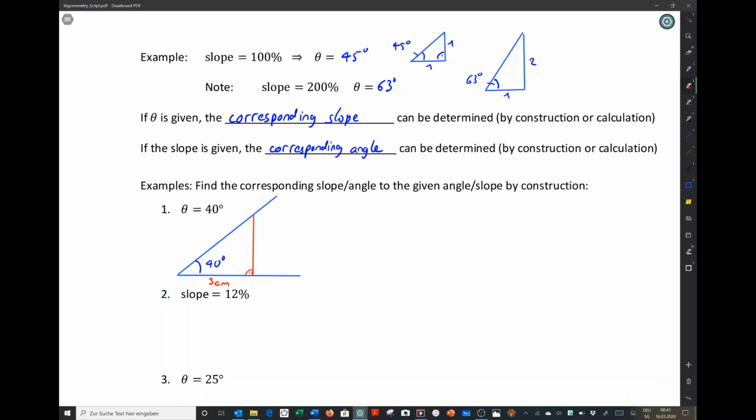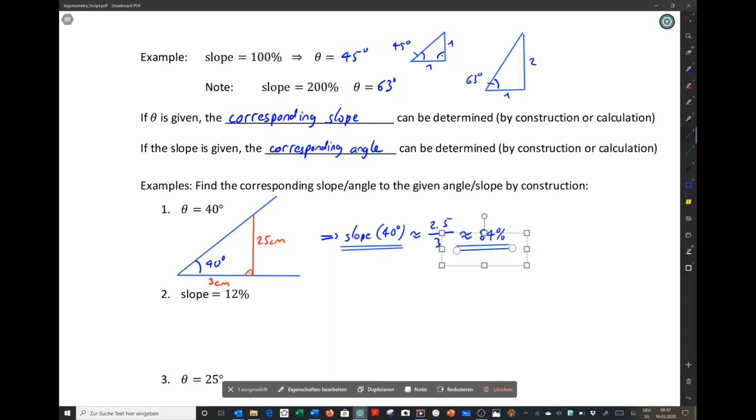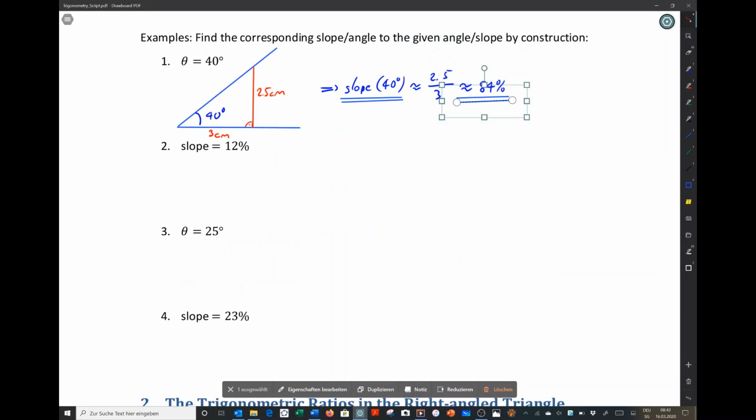And when we measure the length of this vertical line, we get approximately 2.5 centimeters. So we find that the slope corresponding to 40 degrees is approximately 2.5 centimeters divided by 3 centimeters, which is approximately 84%.